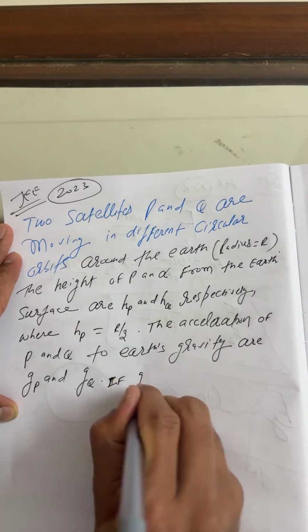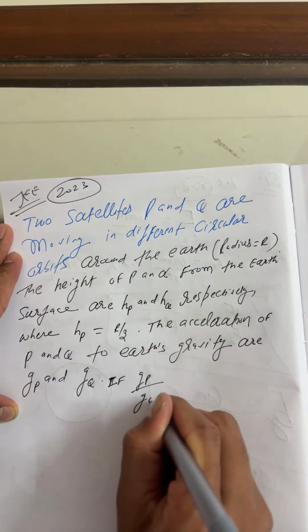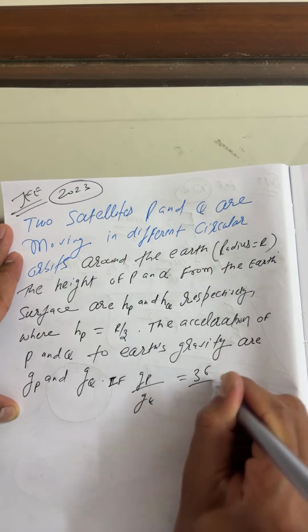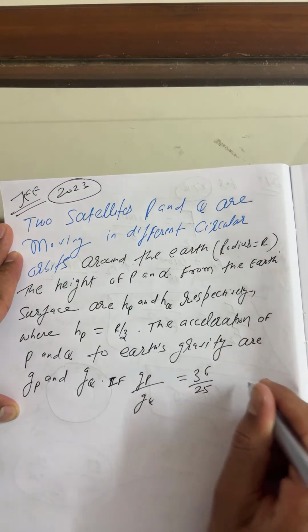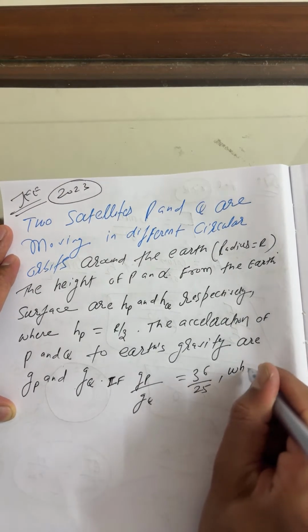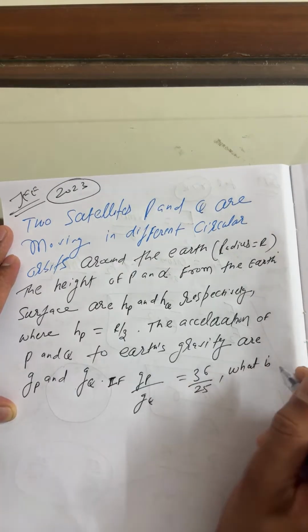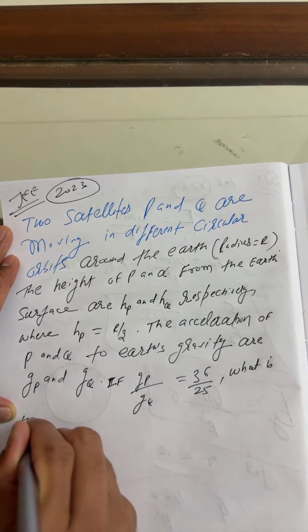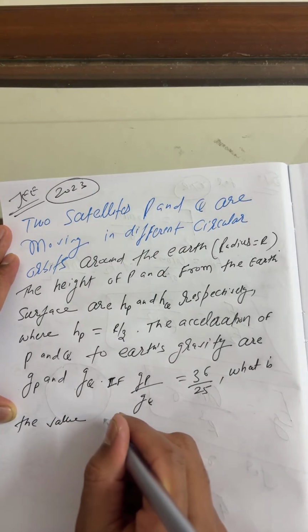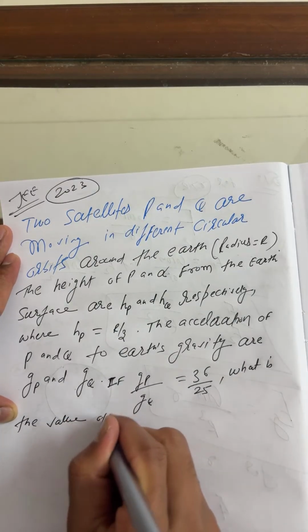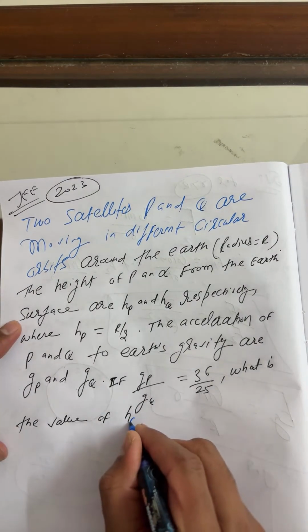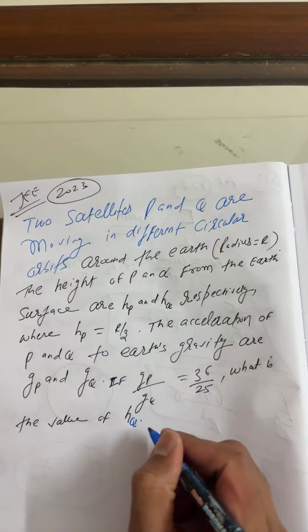Students, if GP upon GQ is 36 upon 25, what is the value of HQ?